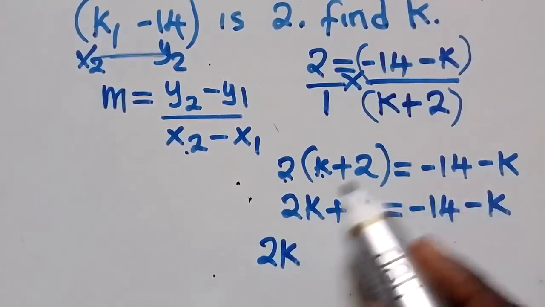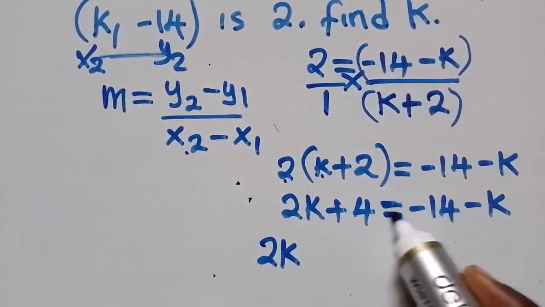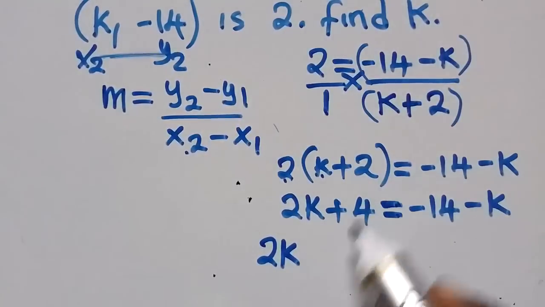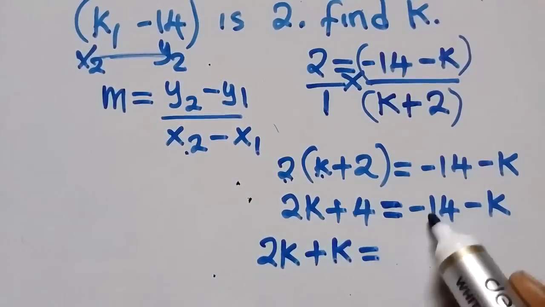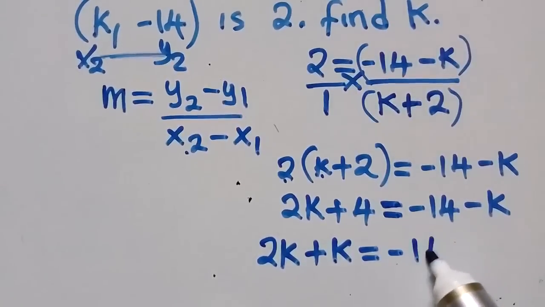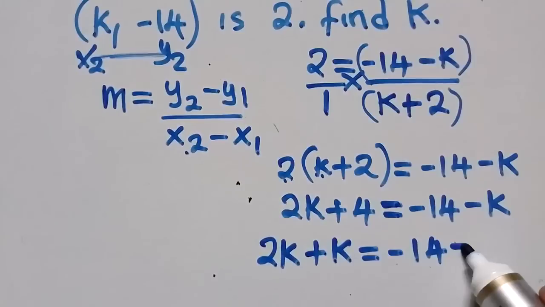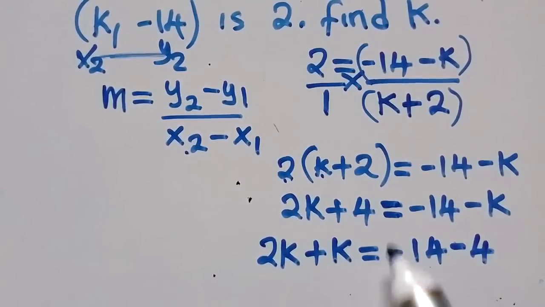When this k comes this side, as long as it has crossed the equal sign, the sign will change to become positive k, which is equal to negative 14. When this 4, which is positive, goes this side, it becomes negative.